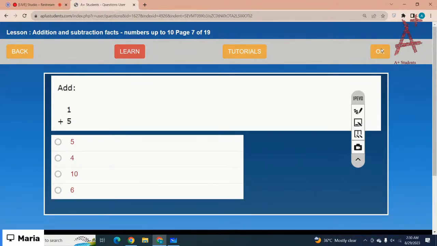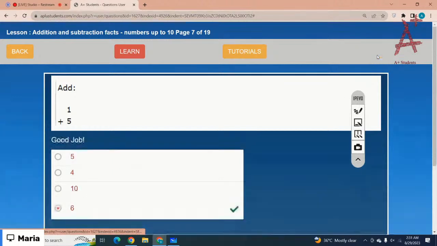The next one is 5 plus 1. So which is the correct option? 5 plus 1 equals 6.